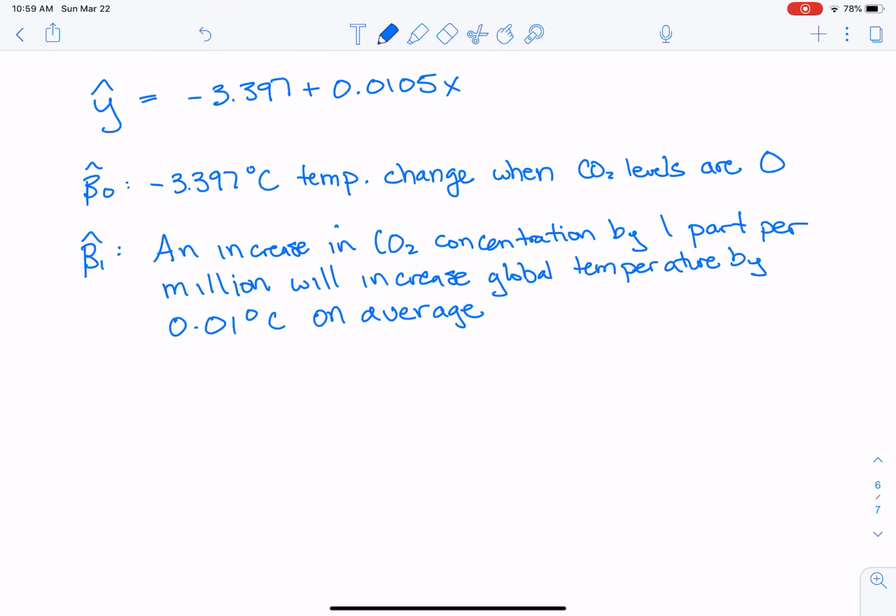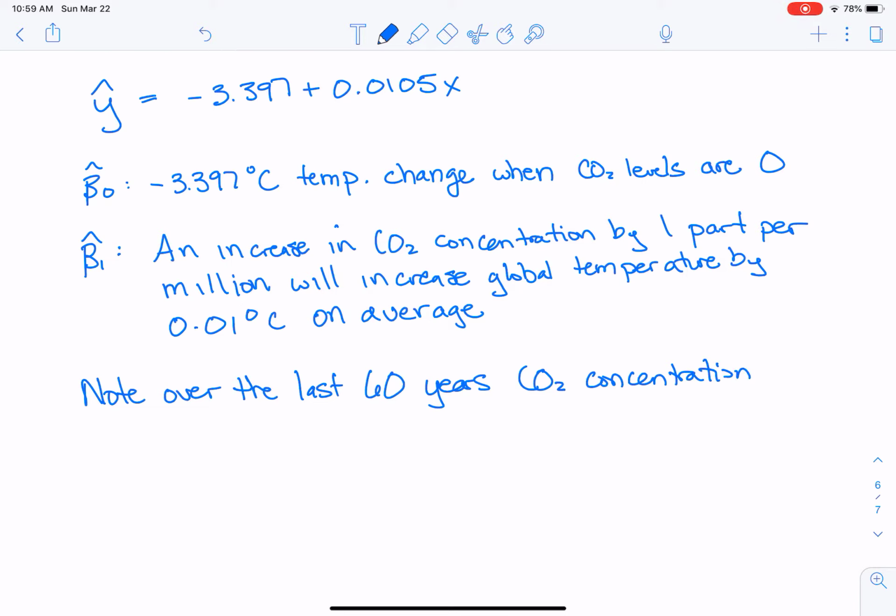but we should note, over the last 60 years, that CO2 concentration has increased by about 100 parts per million.